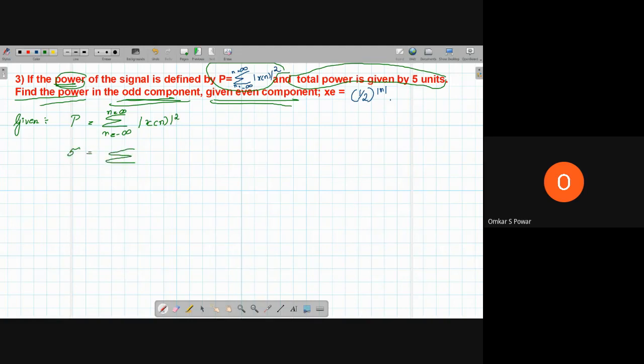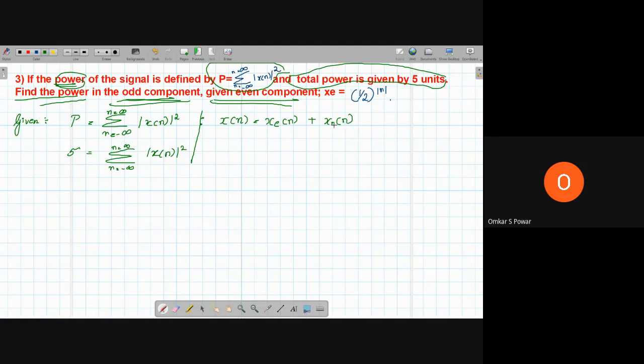So 5 units is equal to the summation from minus infinity to infinity of mod x of n the whole square. Now, what is the other thing which is given here? x of n is equal to x even of n plus x odd of n.